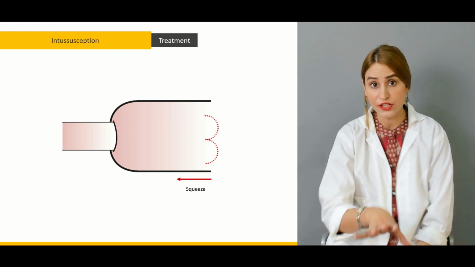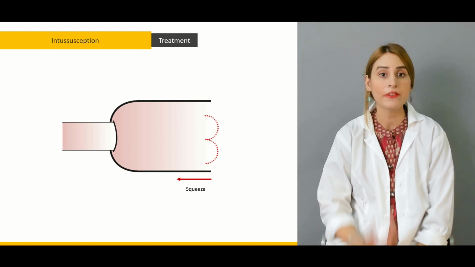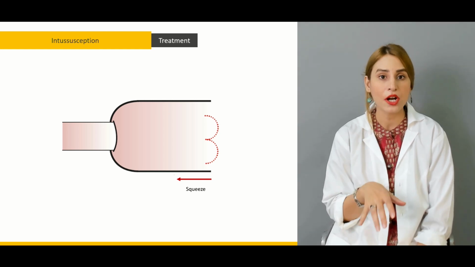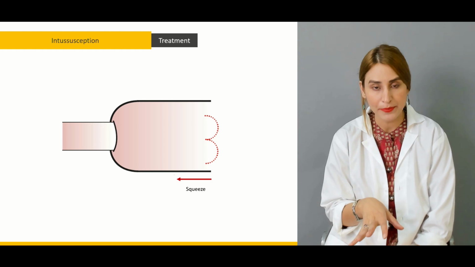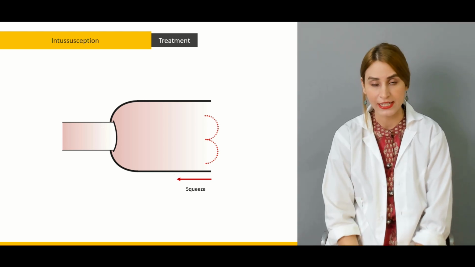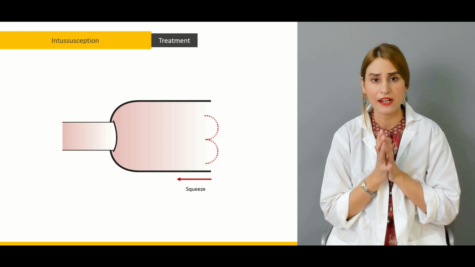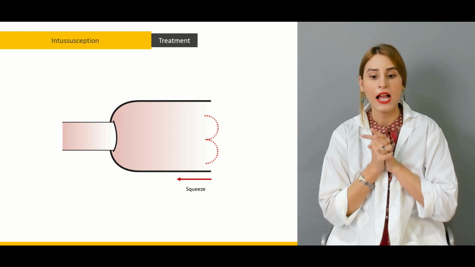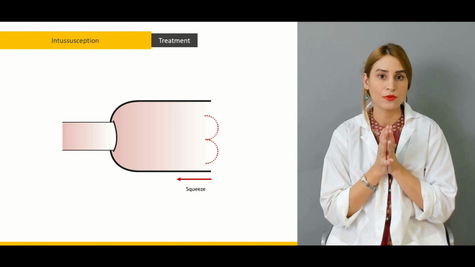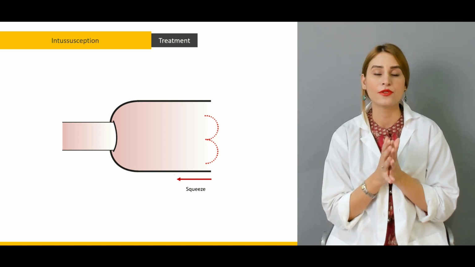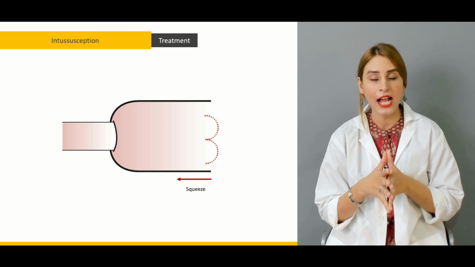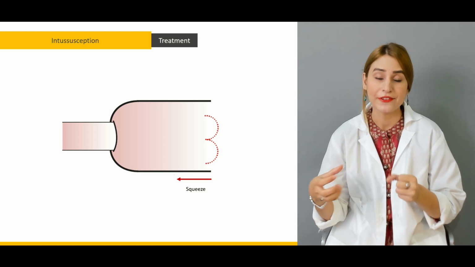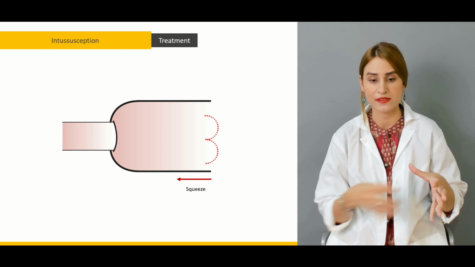For the surgical treatment of intussusception, you give a midline incision, you open the abdomen in layers, you go deep inside, you open the peritoneum, and then you reach the intestines and find the point of the intussusception. Then you do a maneuver: you squeeze the intestine from distal to proximal.